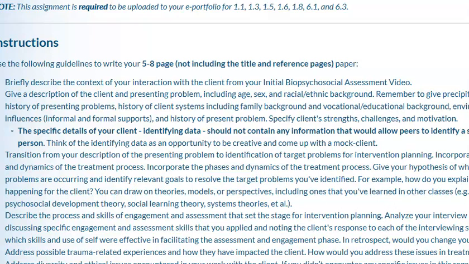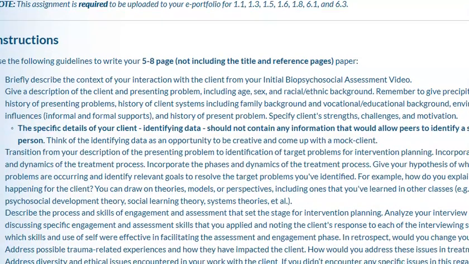Then you're going to transition from your description of the presenting problem to identification of target problems for intervention. So in this, you will incorporate the phases and dynamics of the treatment process, and give your hypothesis of why the problem is occurring.